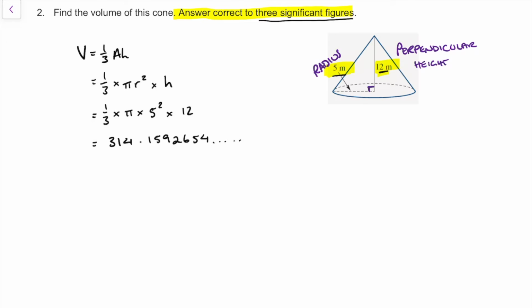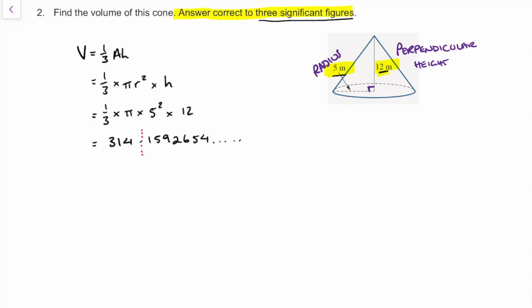So we want the first 3 non-zero numbers. Now, sometimes the 0 can be significant, particularly if it's in between other numbers. But in our case, for our answer, we don't actually have any zeros to worry about. So we just round off to the first 3 figures, which is 314 to our decimal point.